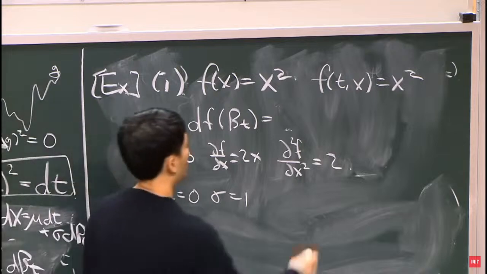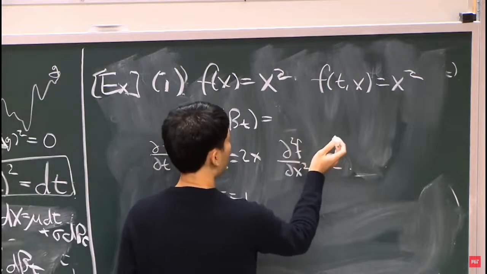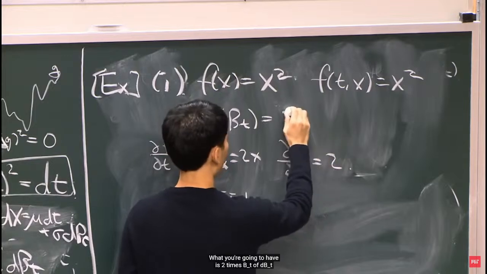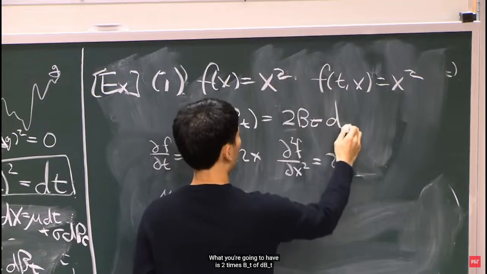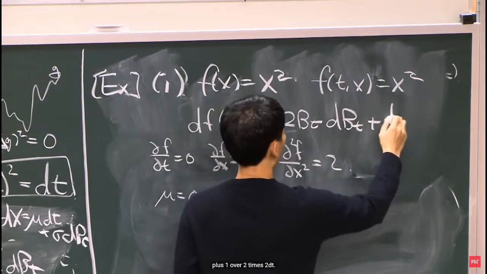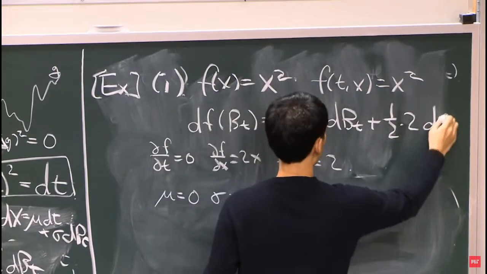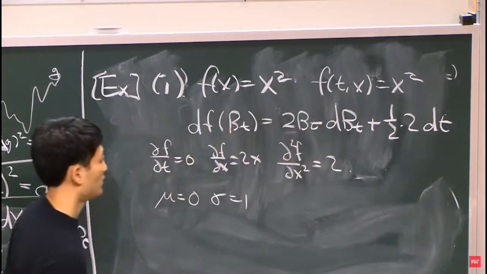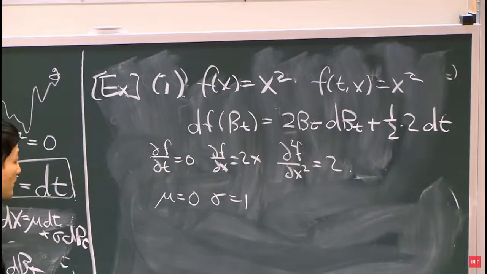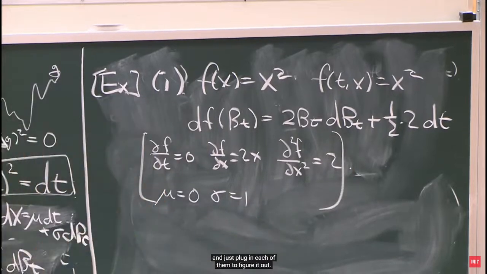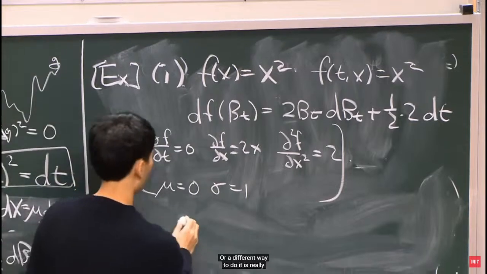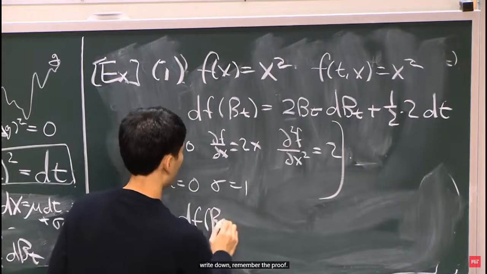So what you're going to have is 2 times B_t dB_t plus 1 over 2 times 2 dt. Write it down. You can either use these parameters and just plug in each of them to figure it out, or a different way to do it is to remember the proof.